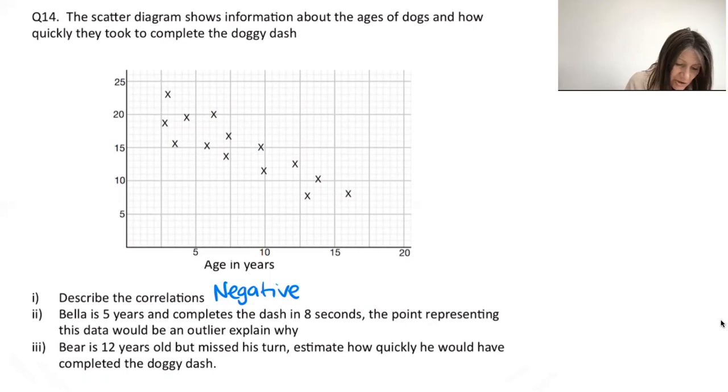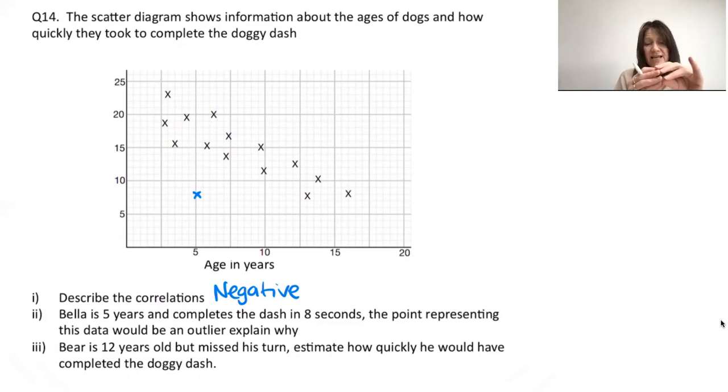So one of the things that you could do with this is you could plot it, okay? So age 5, 8. You don't even need to plot it absolutely perfectly, because this is your thinking that's going on here, nothing more. And this type of question is 1 mark, you're kind of right or wrong, but it gives you that visual, it helps you think about it. Why is it an outlier? And the answer is it doesn't fit the trend of the data.